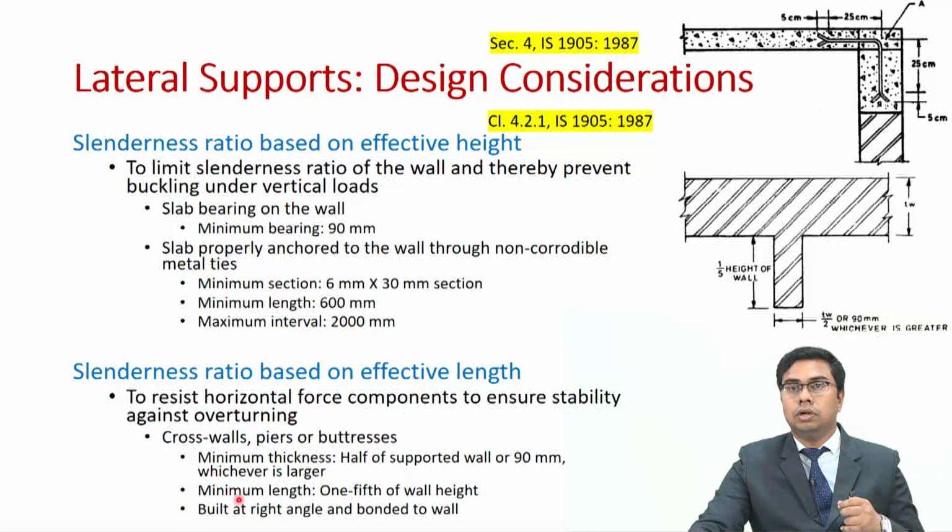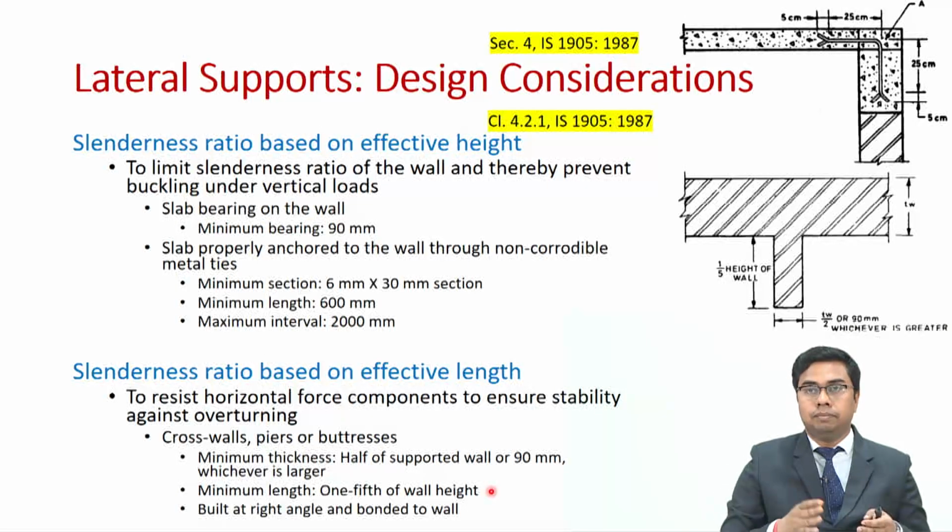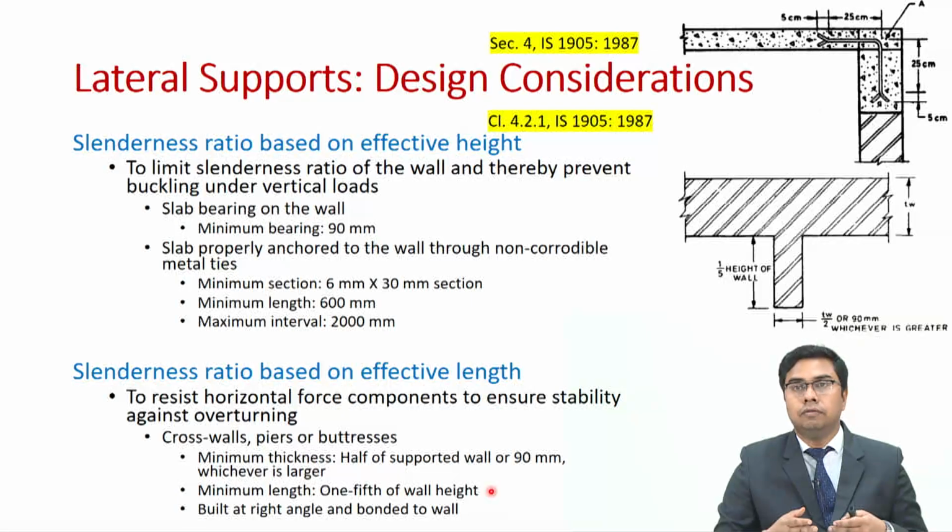Also, these cross walls, piers or buttresses should have a minimum length of 1/5 of wall height. You might recall that in a previous slide on effective length, we mentioned it to be 1/6 of wall height. Now, it depends on the consideration by the structural engineer as well, but mostly the minimum length should be 1/5 of the wall height, and these have to be built at right angles and bonded to the wall.